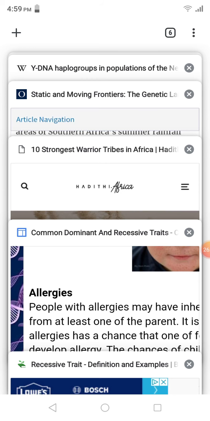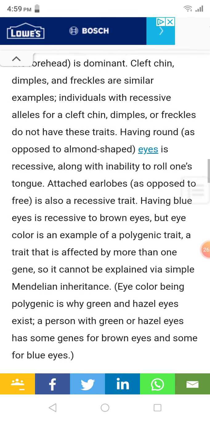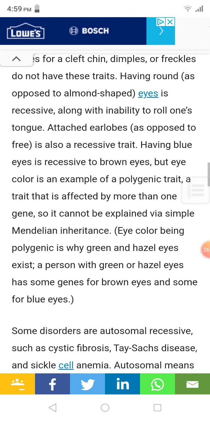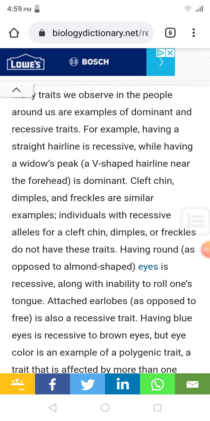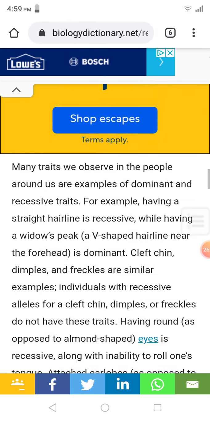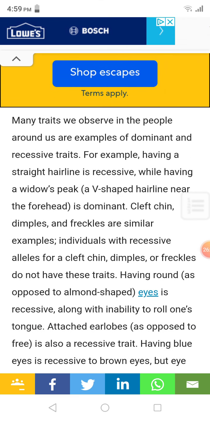Let's see, is it on here? Hair color, hair color. Nope, nobody is looking at the hair color, because most of the time the hair color thing just varies.